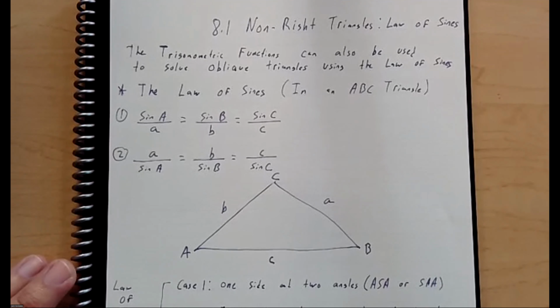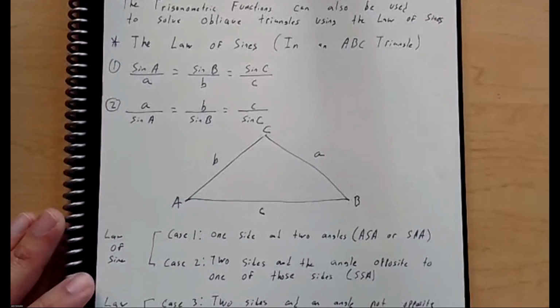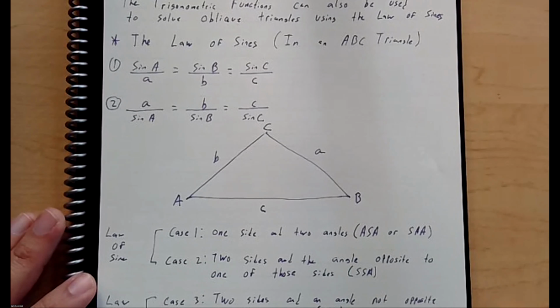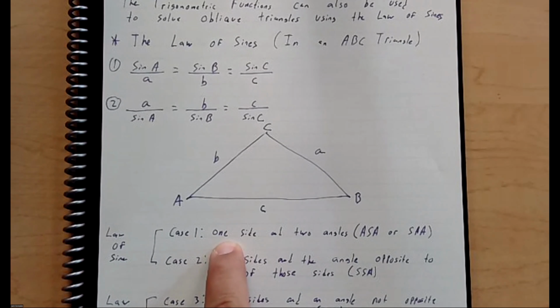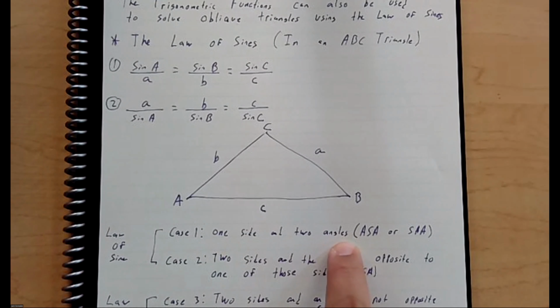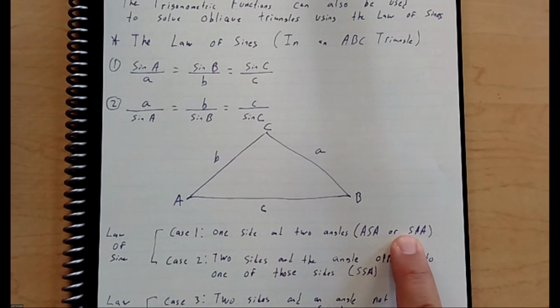There are 4 cases to solving a triangle. Case 1 and case 2 are the ones you want to use law of sines for. If you have one side and 2 angles, you're going to have angle, side, angle, or side, angle, angle.